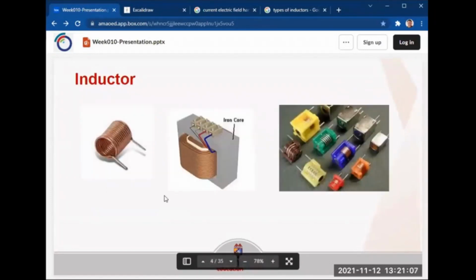These are examples of inductors that we have. This is a simple air wound inductor. This is a transformer. I'm sure you're familiar with transformers.